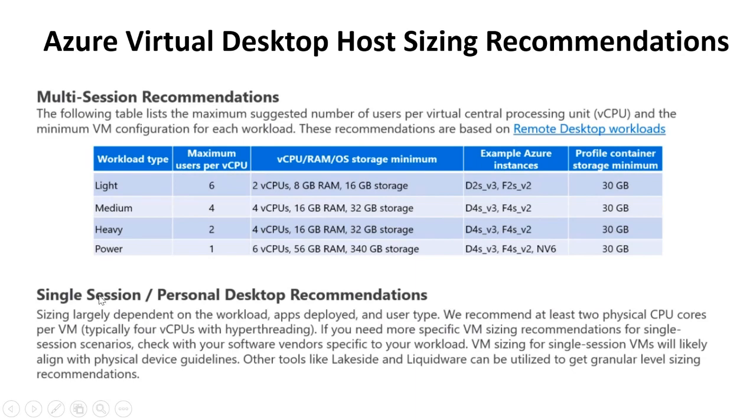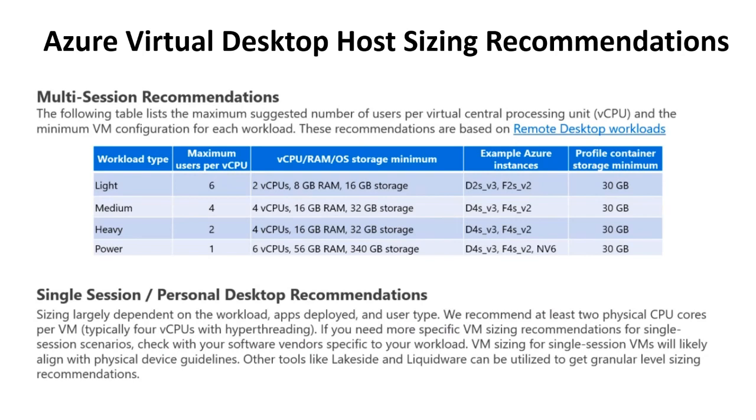In single session, this is one personal desktop for each user. The sizing largely depends on the workload that we are going to use, the apps that we are going to deploy, and the user type that's going to use those resources. We recommend at least 2 physical CPU cores per VM, depending on the solution that you are going to use there.